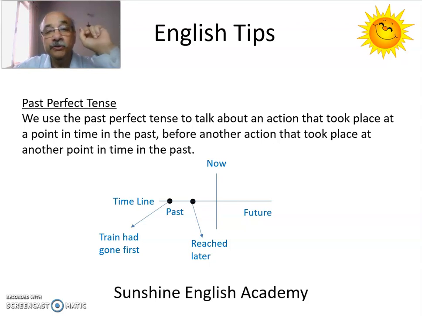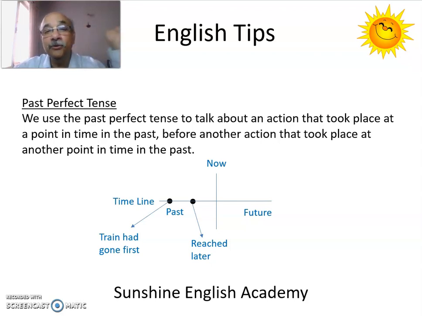So, to show the action which happened first, the point on the timeline is further to the left, and the second point is closer to now, showing that that action happened later on.